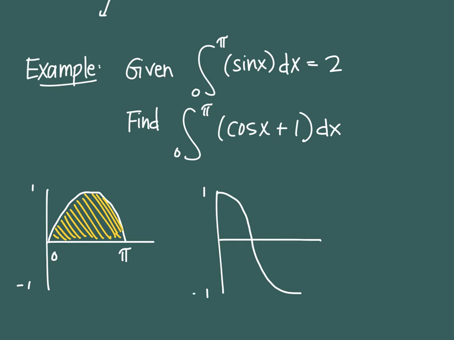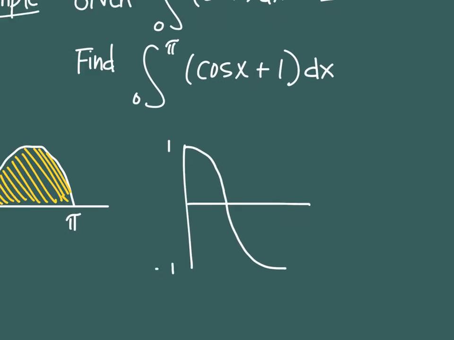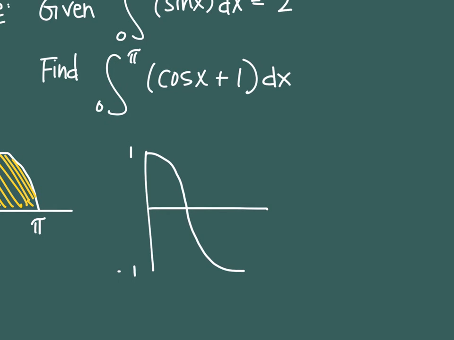So that shape, with 1 added to it, is going to look a little different. Here is cosine. Now let's move it up 1. So moving it up 1 on my y-axis means I'm going to look like this.